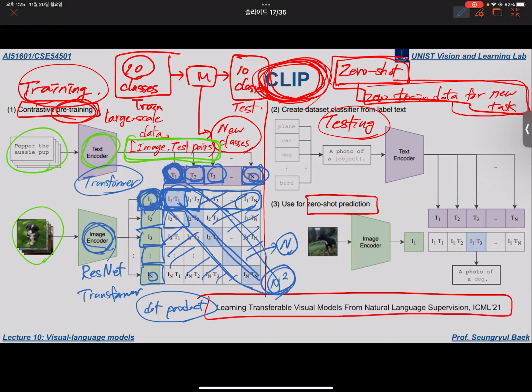So given image and text pairs, we calculate their similarity and enforce high similarity between ground truths while suppressing all others. That's what happens during the CLIP training. So we are actually enforcing the relationship between image and text. Then in testing, what we do is kind of simple.